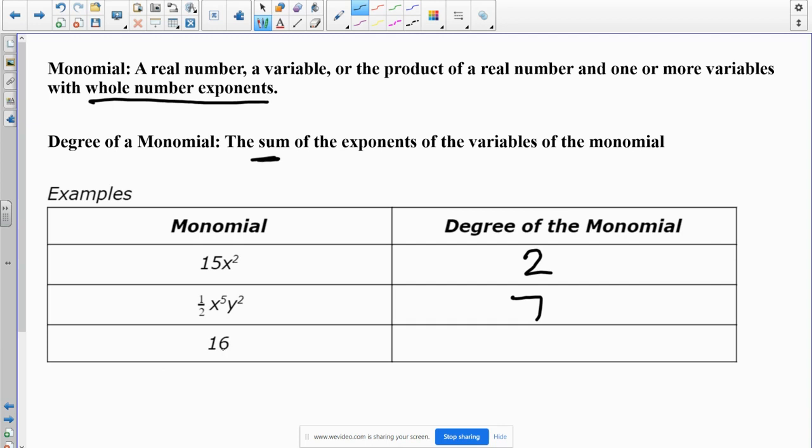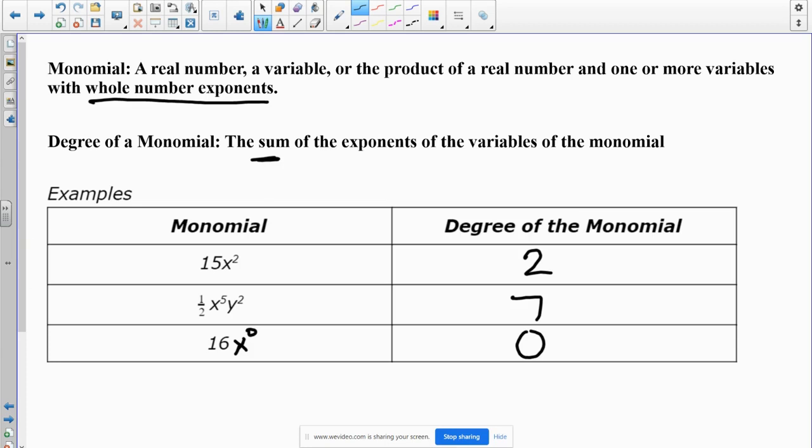However, any number to the power of 0 equals 1, so you can think of it that way if you want to put an exponent here. x to the 0 power is equivalent to 1, and 1 times 16 still leaves me with 16. So I can say the degree is 0, since there was no variable.